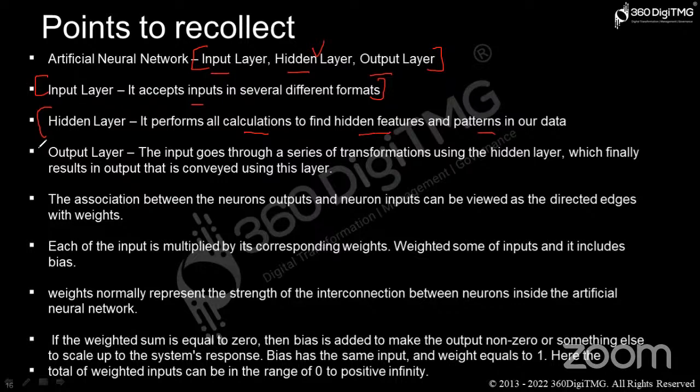Finally, we have the output layer. The input goes through a series of transformations through the hidden layers, which finally results in the output. So we have the input layer, hidden layers, and finally the output layer. This is the basic structure of an artificial neural network.